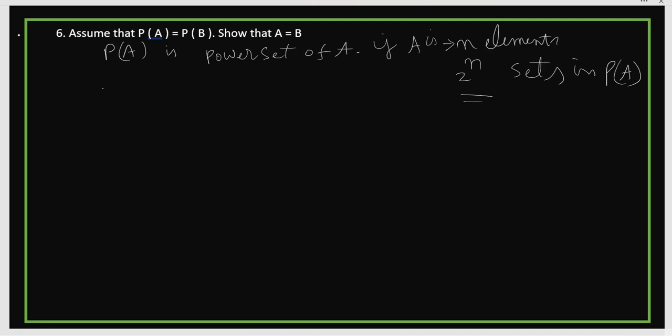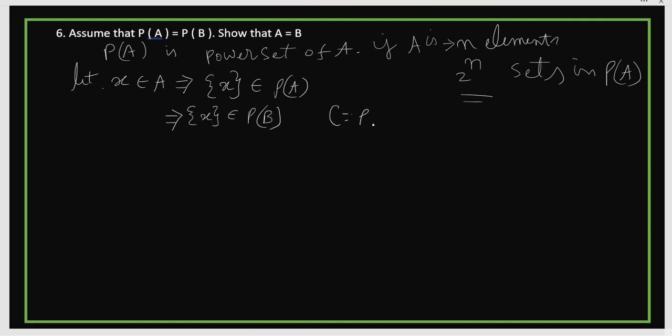Now, let x belong to A. That implies the set {x} is an element of PA by definition. Correct? This is a set. Sets formed by the elements are the elements of the power set. That's what we have defined as the power set, right? This implies {x} belongs to PB, because PA is PB, given.